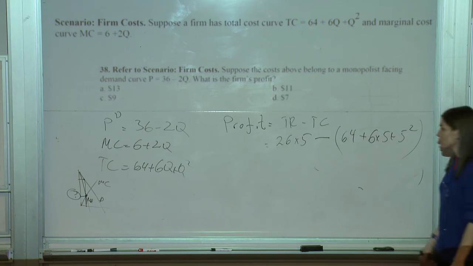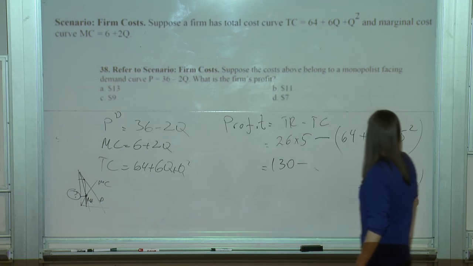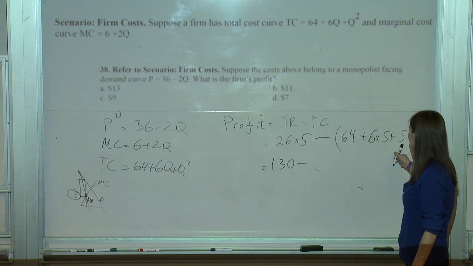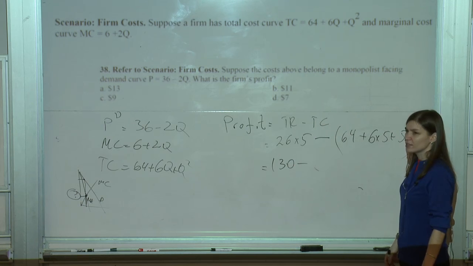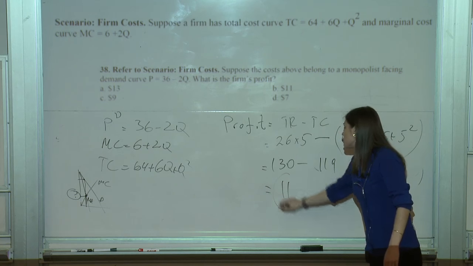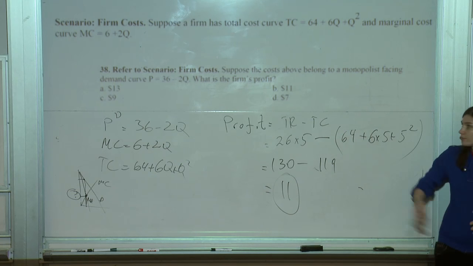And that's all there is to it. So that's 130 minus 64, 94, and 25, 119. Profit of 11.